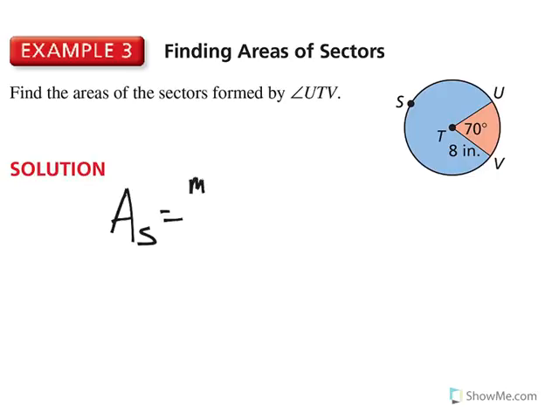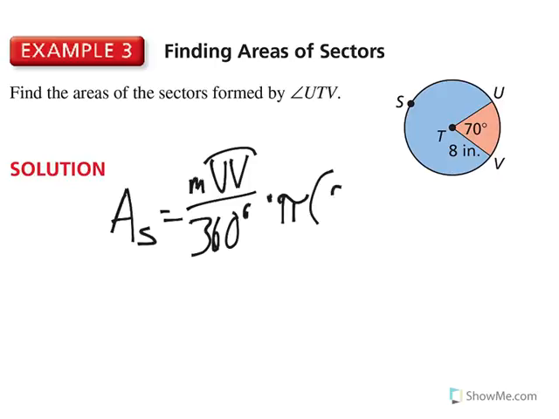In this case, the measure of UV is our arc, over 360, times pi r squared, which is the area of our circle. So pi times our r, which in this case is 8. Then we just need to solve. I'm going to plug in the measure of UV, which we know is 70.